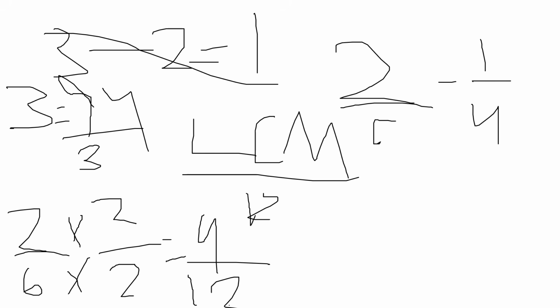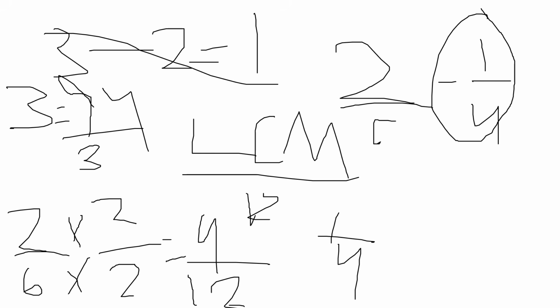So let's solve: 4 and then 12. 4/12. Okay, perfect. Now, are we done? No. Now we still have to do it for 1/4, the big number. 1/4 times 3 on the bottom and the top is equal to 3/12.